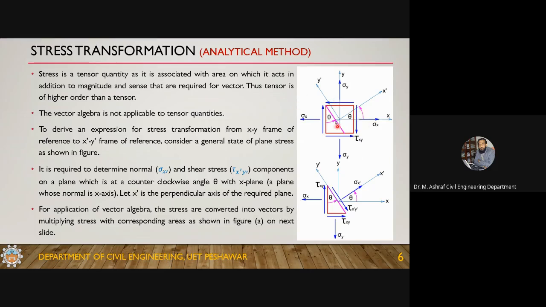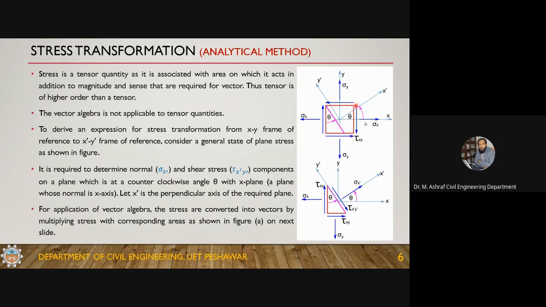On the x plane, the shear is producing a clockwise effect, and on the y plane, the stresses are producing a counterclockwise effect. A shear on the x plane producing a clockwise effect will be considered positive; otherwise it will be negative. So in my sign convention, normal stress is positive when tensile and shear stress producing clockwise effect is positive.